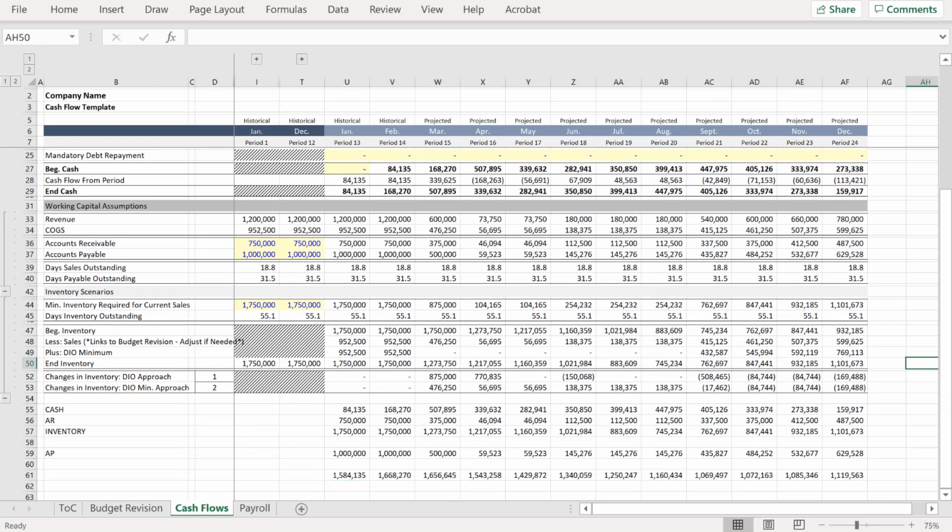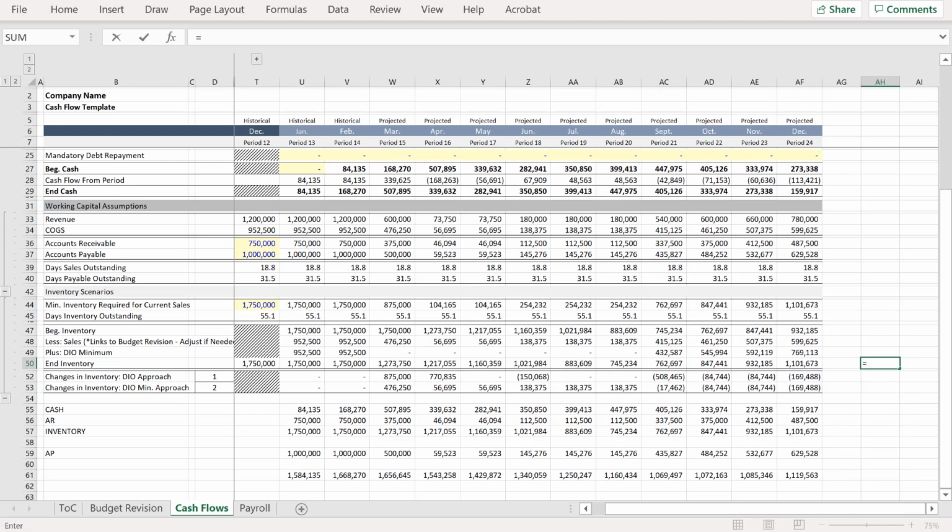To further illustrate the point, let's assume that you want to get back to your original inventory level. If you were to take all of your cash and sum it with your ending inventory balance in the final period, it would still fall short of the inventory balance at the beginning of the period. And this doesn't include equipment and the related capital expenditures.